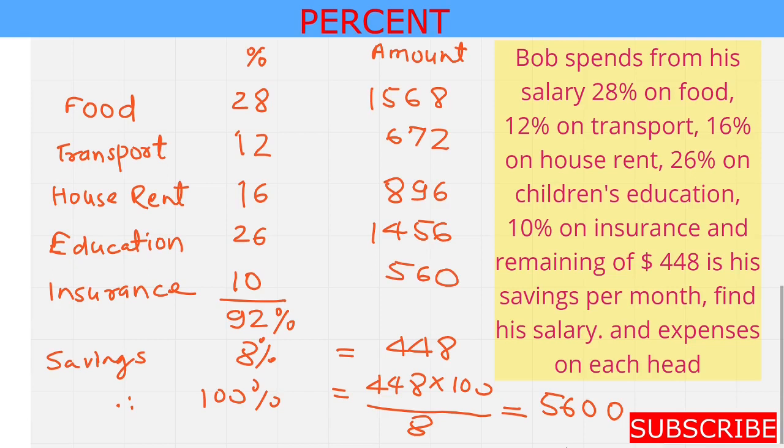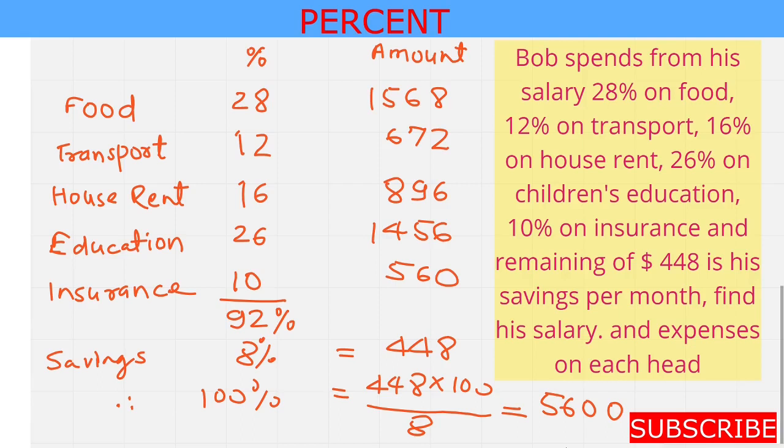This way we can calculate the expenses on each head. That is, on food 1,568, on transport 672, on house rent 896, on children's education 1,456, and on insurance 560. 448 is already given to us.